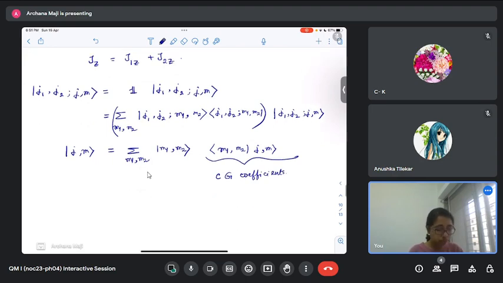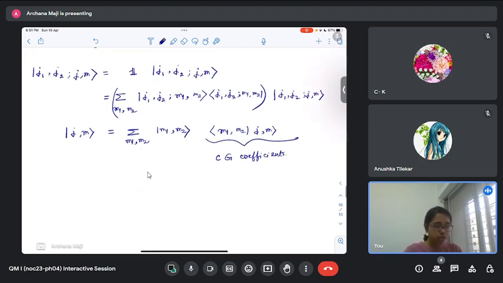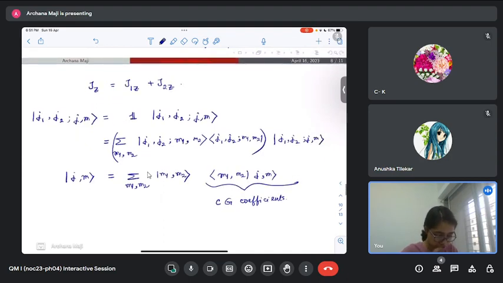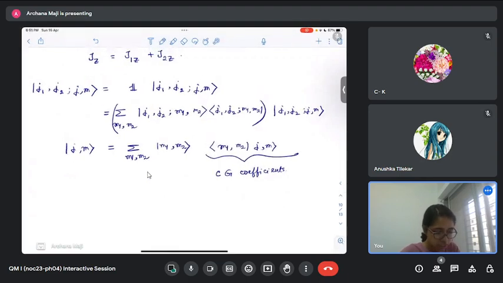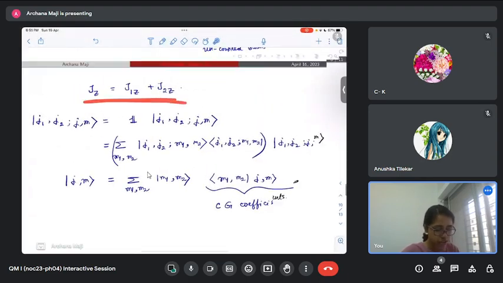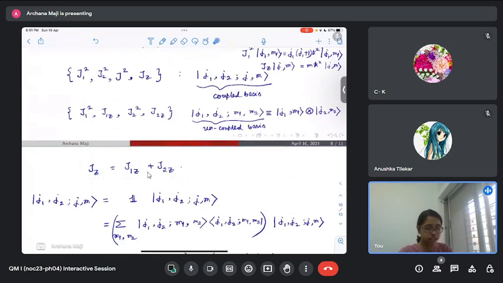Okay. Now M has to be equal to M1 plus M2 for the CG coefficient to be non-zero. We can show that like this. Jz, we said that it's additive. So Jz is the z component of the total angular momentum, which is the addition of the z component of the angular momentum of the first particle plus the z component of angular momentum of the second particle.